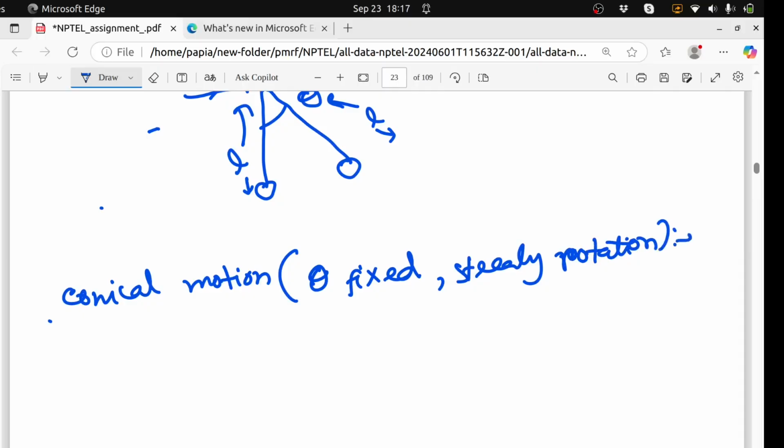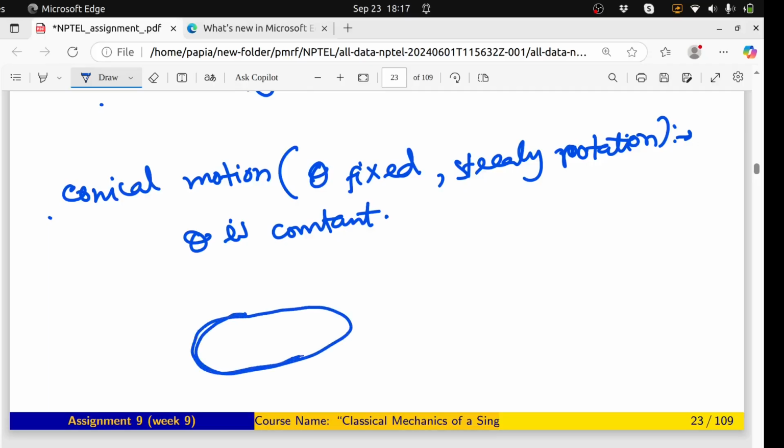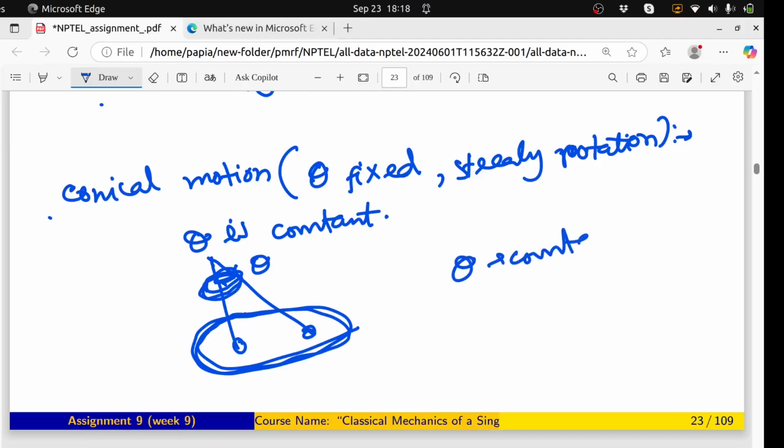So what does this mean? This means that our theta is constant. How can we say that theta is constant? Because it is given that it is moving in a circle in the horizontal plane. So if this is like that and this is like that, this is the theta, and this will always be constant because we are moving in a circle on the horizontal plane. So theta is constant here, and obviously we know that L is also constant, fixed, because it is a rigid body.